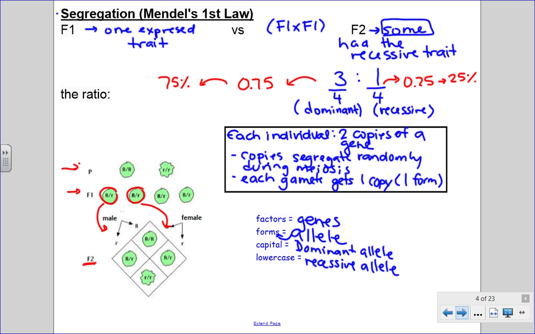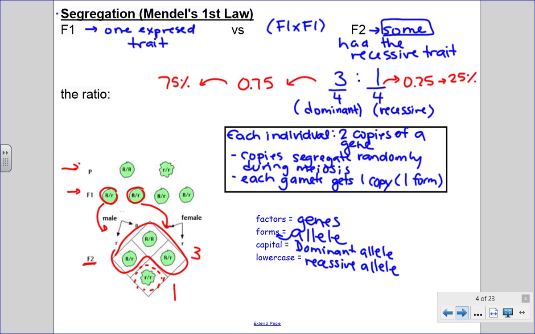And when we took 2 of those and crossed them together, we ended up getting some organisms that showed the dominant trait and some organisms that showed the recessive trait. These 3 are all the ones that showed the dominant trait because they had at least 1 copy of the capital R. This little guy over here is the one that showed the recessive trait.